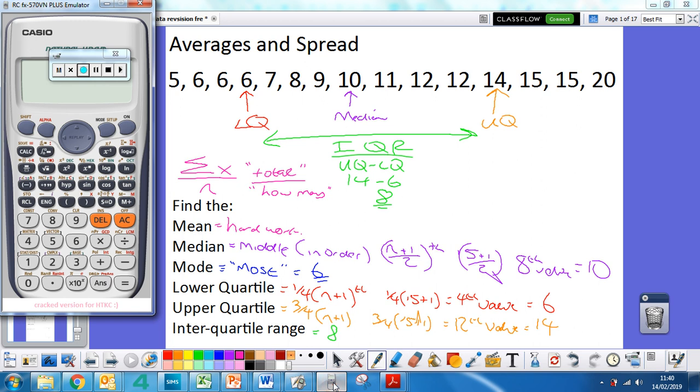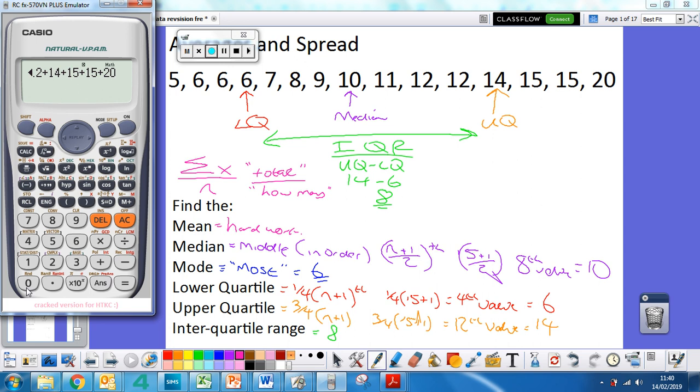With a calculator, this becomes really quite simple. We've got 5 plus 6 plus 6 plus 6 plus 7 plus 8 plus 9 plus 10 plus 11 plus 12 plus 12 plus 14 plus 15 plus 15 plus 20.